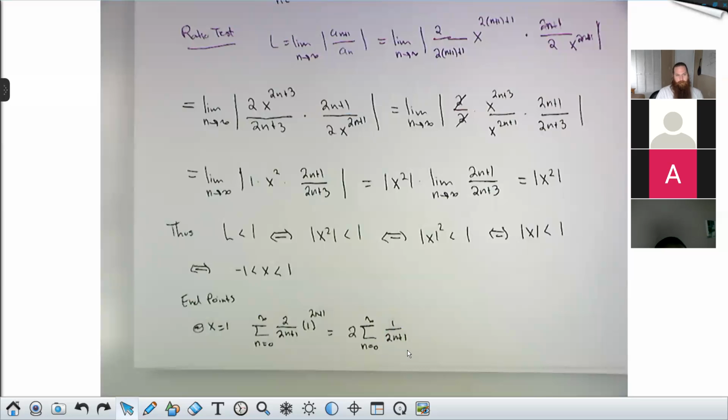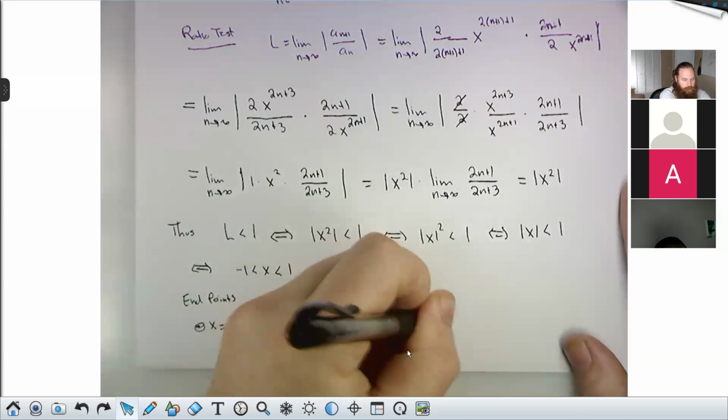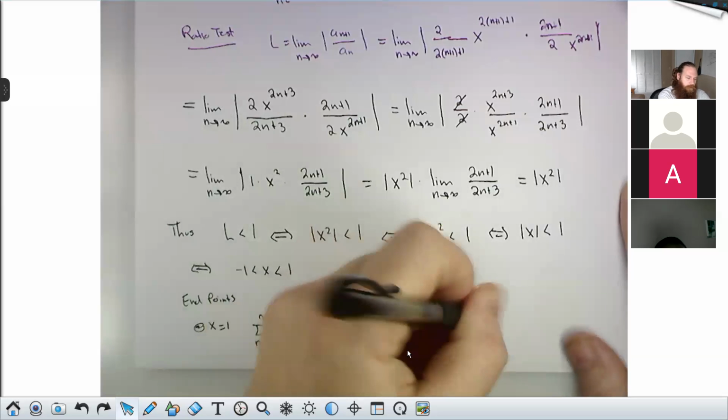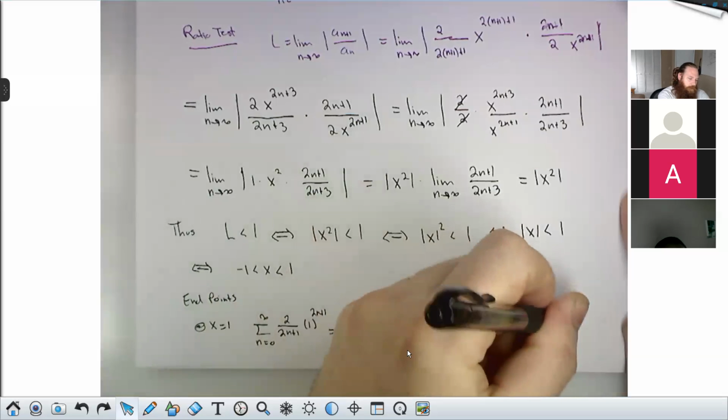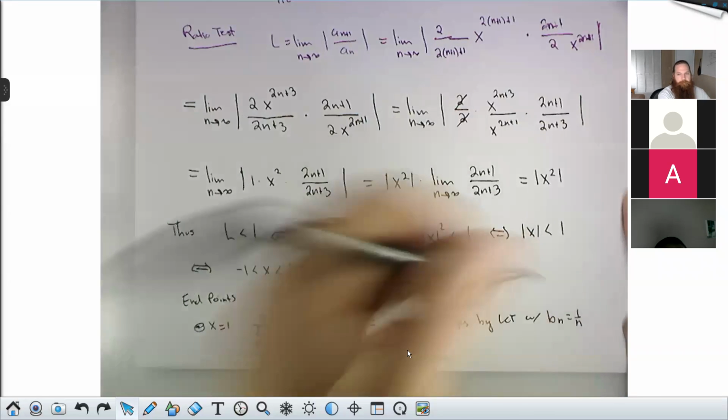It's not, right? So what test would we need? Yeah, the inequality I would like to use for DCT doesn't work here. So I would say this diverges by limit comparison with Bn equals 1 over n.